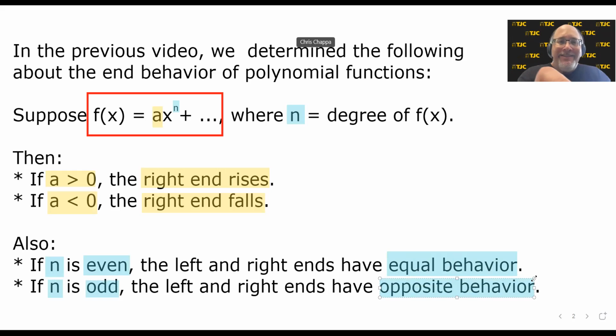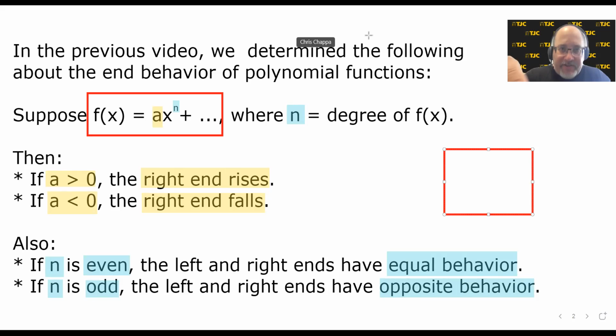Now, I didn't do this in the last video, but you could draw a table that summarizes all of this information. And it would look a little something like this. Let's see, we need a vertical line here and a horizontal line here. And the rows and columns could be separated based on what the degree and leading coefficient do.